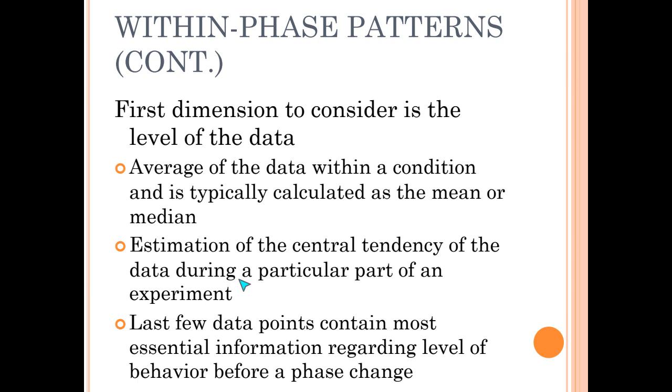They typically contain most essential information regarding level of behavior before there's a phase change. As an experimenter, you can expect that the behavior is most stable during those last data points, because over time, the participant will be less agitated, will have gotten used to the experimental situation, and the research subject will show more stable performance during later sessions.